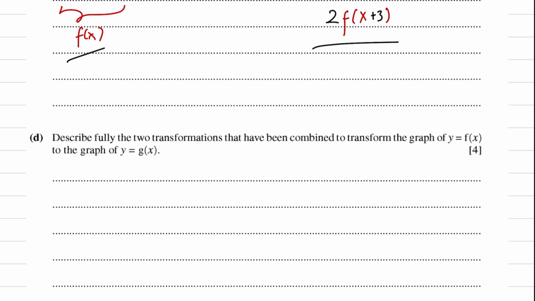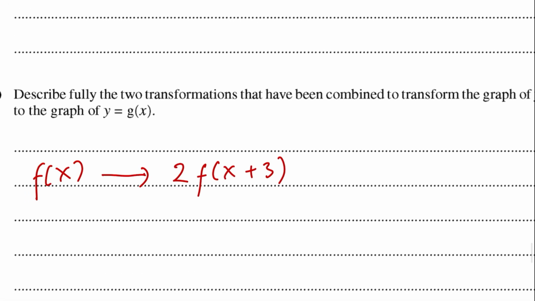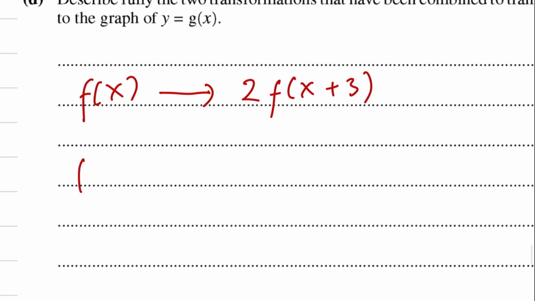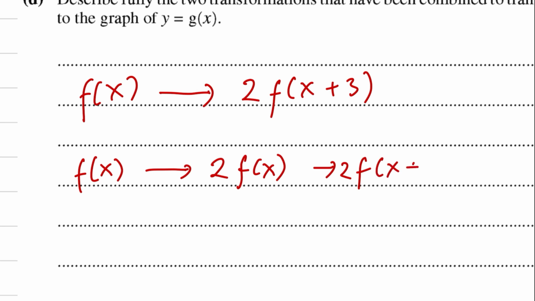So from f(x), we want to change it into 2f(x plus 3). So as you can see, we can have f(x) and then we multiply by 2 becomes 2f(x), and then we replace x with x plus 3. So it becomes 2f(x plus 3).